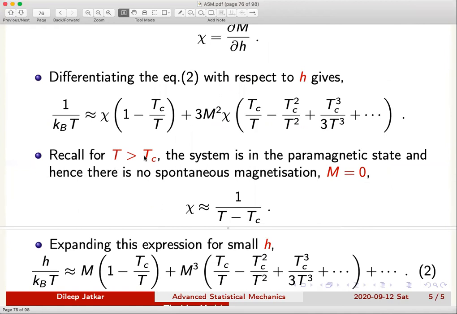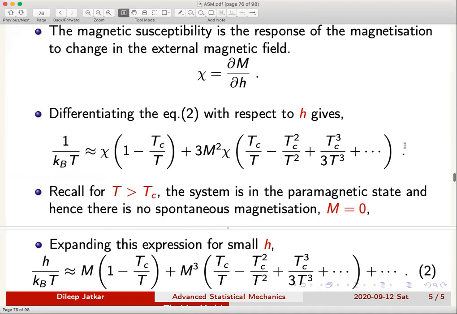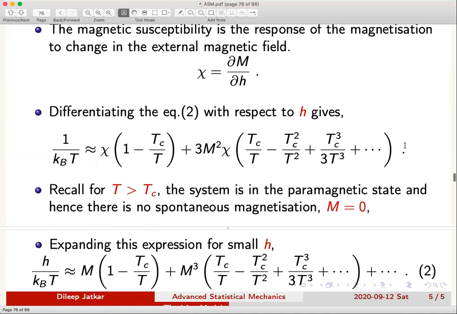Yes, is there a question? When we define chi, do we take the limit h tends to 0? Yes. We want to ask what happens when you change the magnetic field a little. Otherwise the external magnetic field itself would force the magnetization to be whatever value it wants.